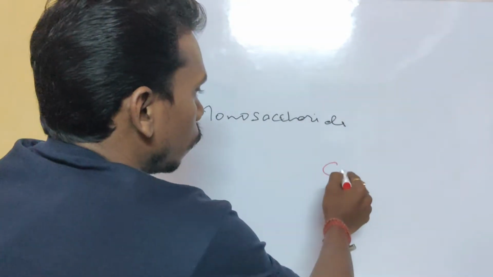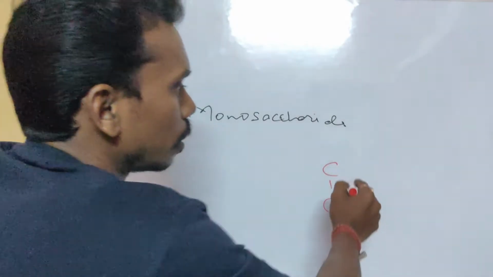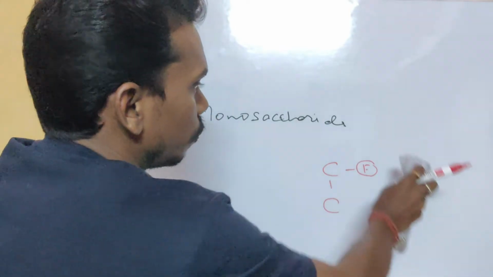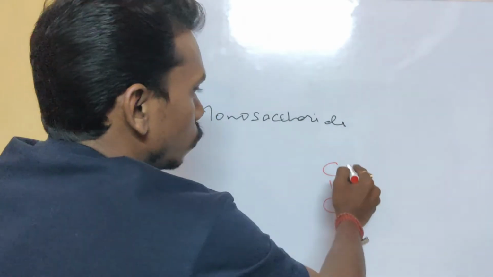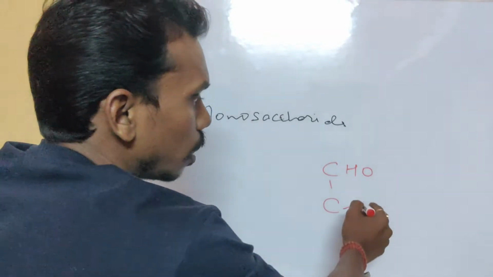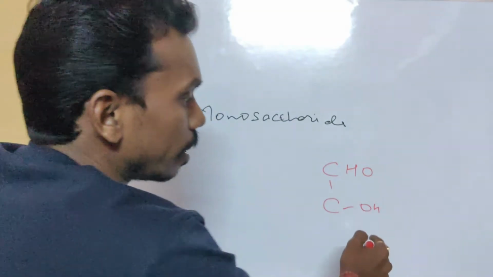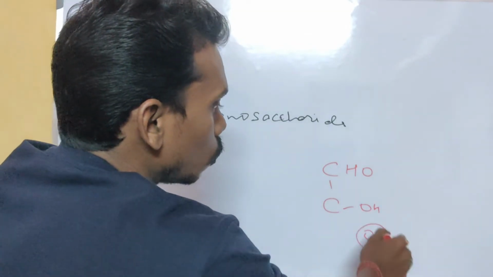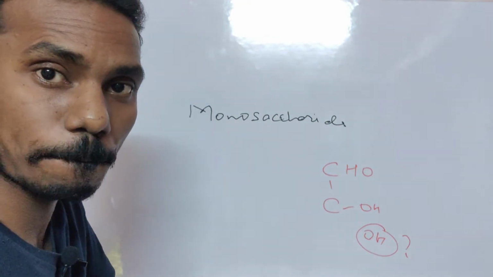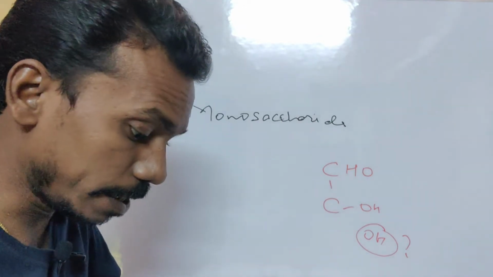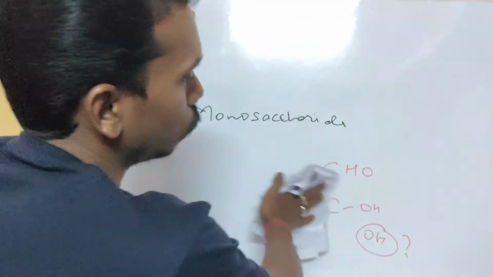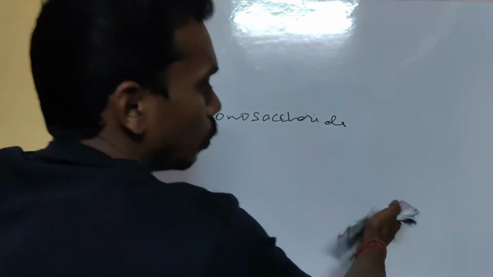Just see, 2 carbons. If we attach one functional group, written as CHO, the second carbon is left to attach with a hydroxyl group, yet one hydroxyl group is still to attach, so there is no space, isn't it? In this way it is confirmed and obvious that a 2 carbon monosaccharide is not possible.